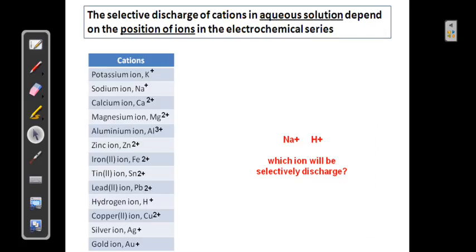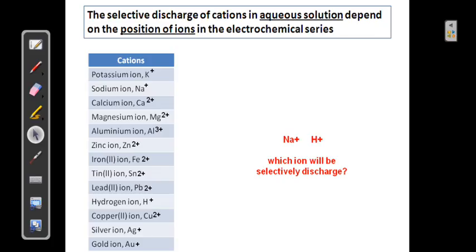For you to remember all this, there is a list we call the electrochemical series. I think we went through that last week, where these ions are listed in their reactivity level from top to bottom, right?